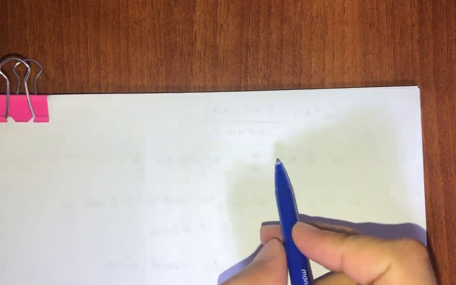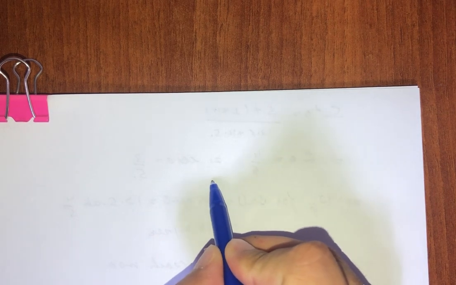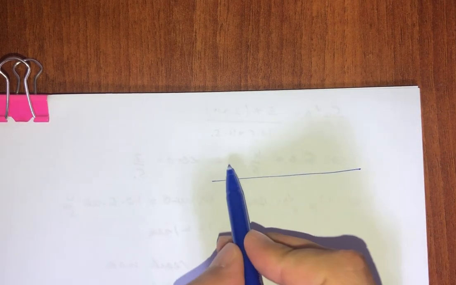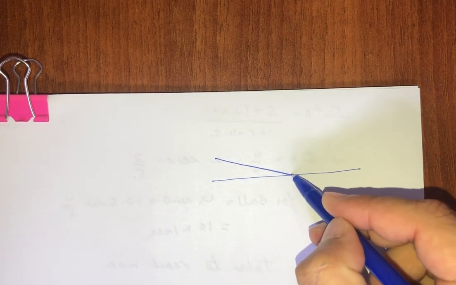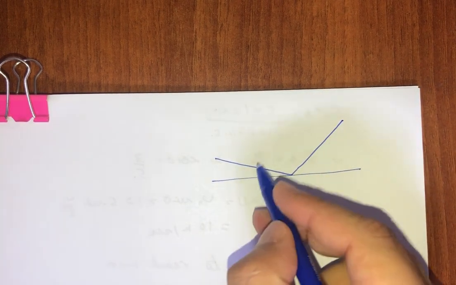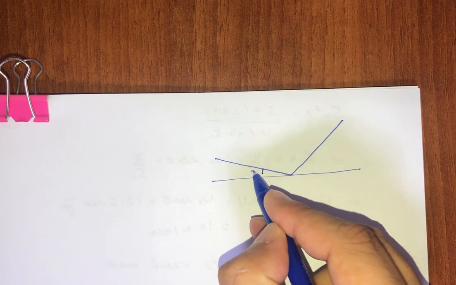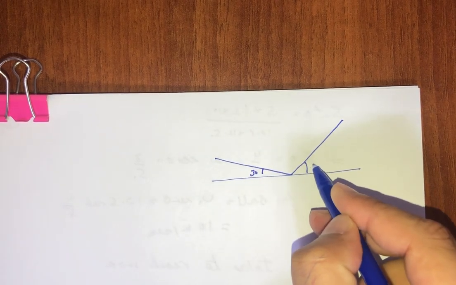So let us draw the figure again. We have two inclined planes, this one at 30 and this one given as 60.